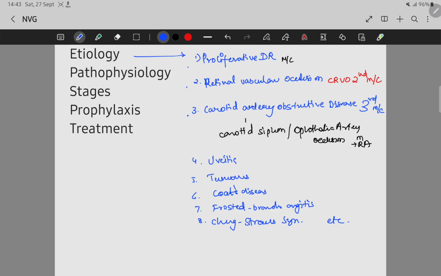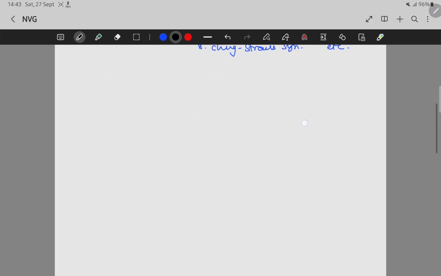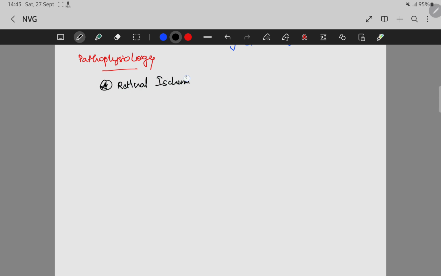Coming to the pathophysiology part, why does this happen? The first important thing is retinal ischemia. All the things we have discussed cause retinal ischemia. This leads to release of VEGF from the Muller cells.